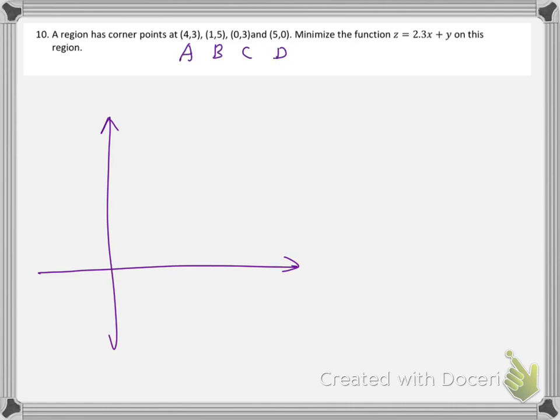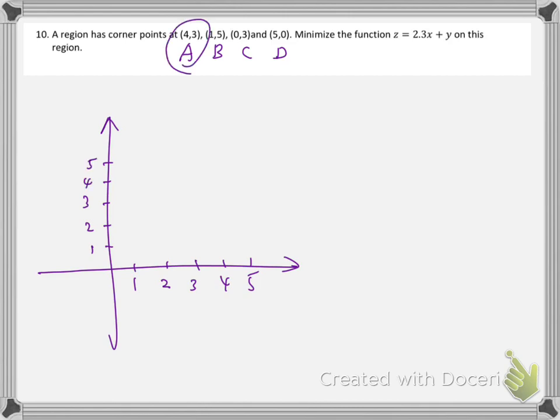The last part of this exam, we will have some picture in the xy plane, and we want to find the maximum or minimum based on the picture. Number 10, you are given the corners of the region: points A, B, C, and D. Let's label the xy axes 1 to 5.